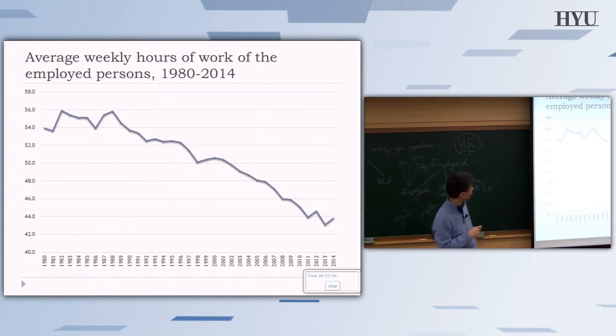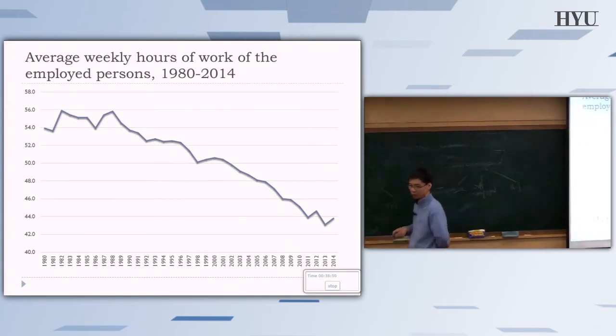So compared to 30 years ago, Koreans are now working 10 hours less per week. So it's like 8 hours a day, 5 days a week. That's generally the norm right now.